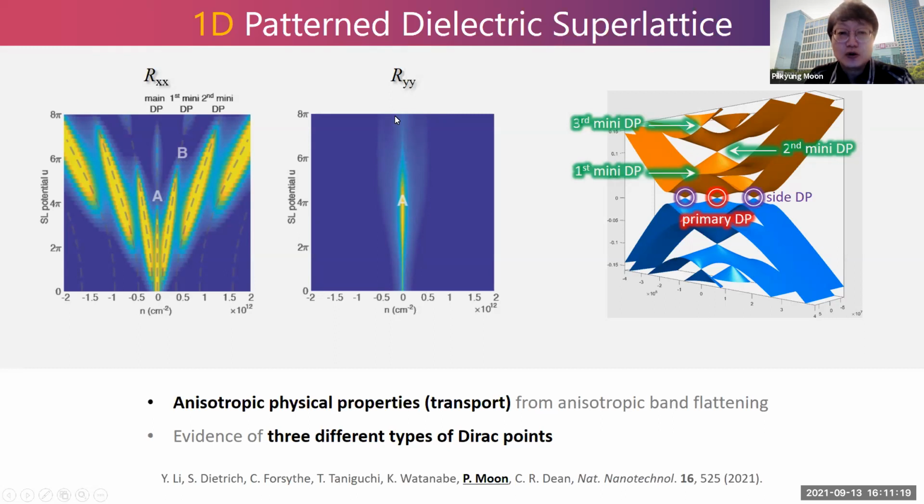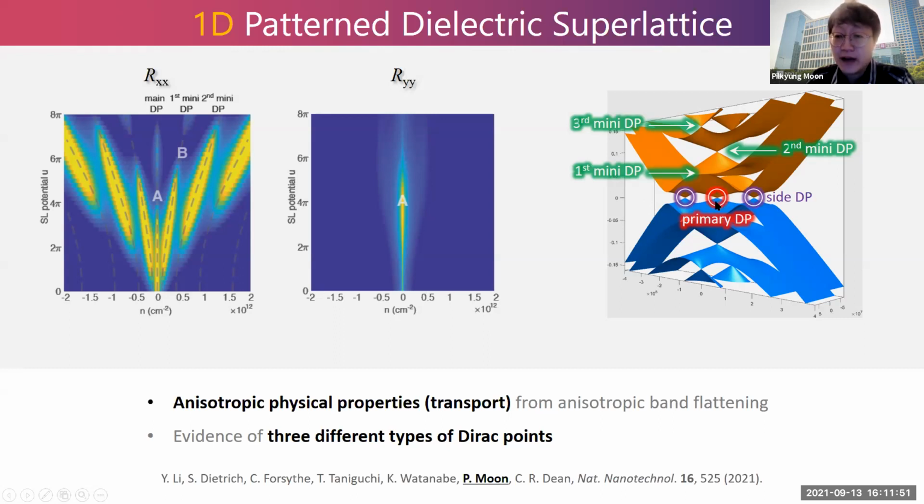Interestingly, although theory predicts that the same flattening occurs at 8 pi, we do not see such a resistivity peak. This, I think, theoretically, is the evidence of the emergence of the side Dirac point. At potential strength of 4 pi, the only Dirac point at the charge neutrality point is the primary Dirac point.